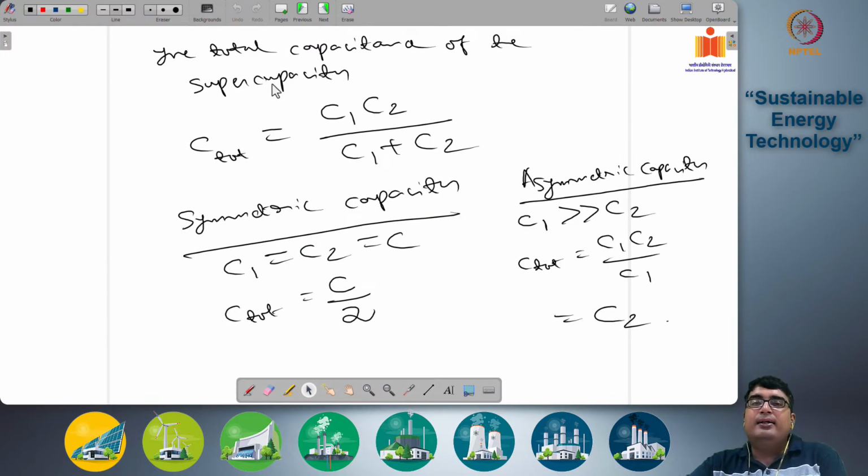So that is why this is the total capacitance of the supercapacitor, and if it's a symmetric capacitance, the capacitance on both sides is the same, then the total is C by 2. If it's an asymmetric capacitor, then if C1 is much greater than C2, the total capacitance is C2. Okay, so there is a decrease in the capacitance value due to the presence of these two double layers.